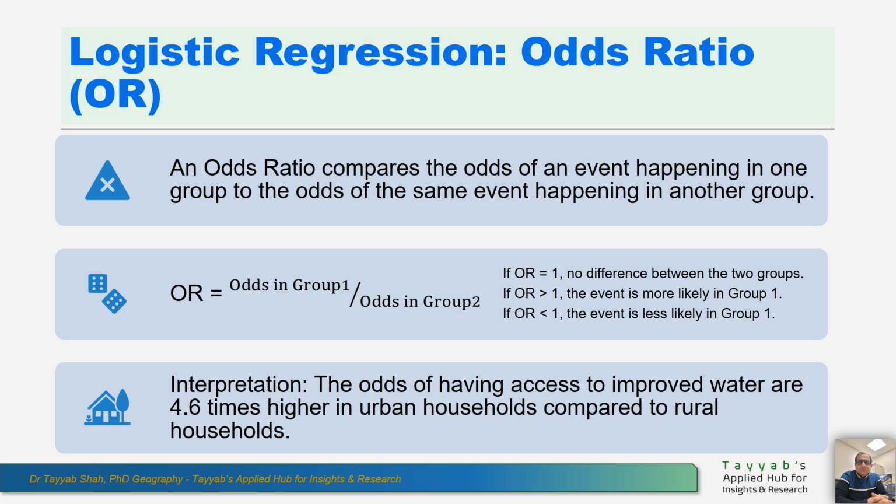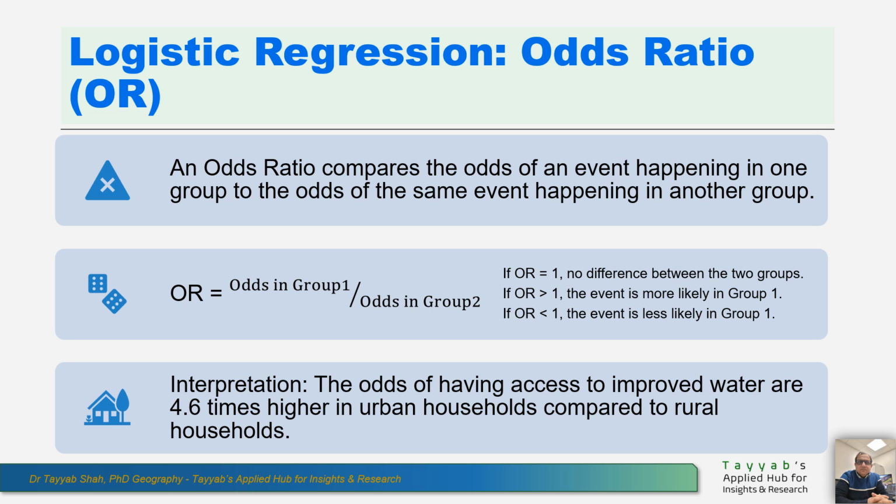An odds ratio compares the odds of an event happening in one group to the odds of the same event happening in another group. So if you simplify it, it's dividing the odds of some event happening in group one by the odds in group two.